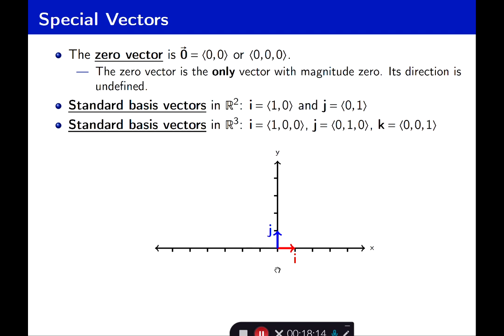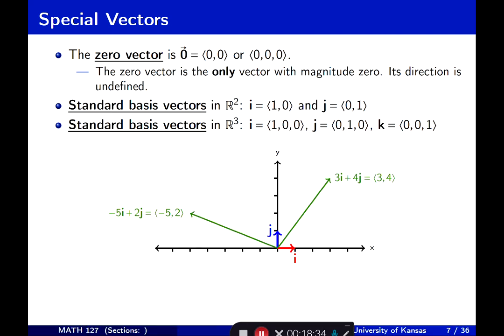When you show it in here, this one is i, because look, the first component is 1. The terminal point is (1, 0). Here the terminal point is (0, 1). The fun part about the standard basis is that you can write other vectors using the two of them. How?